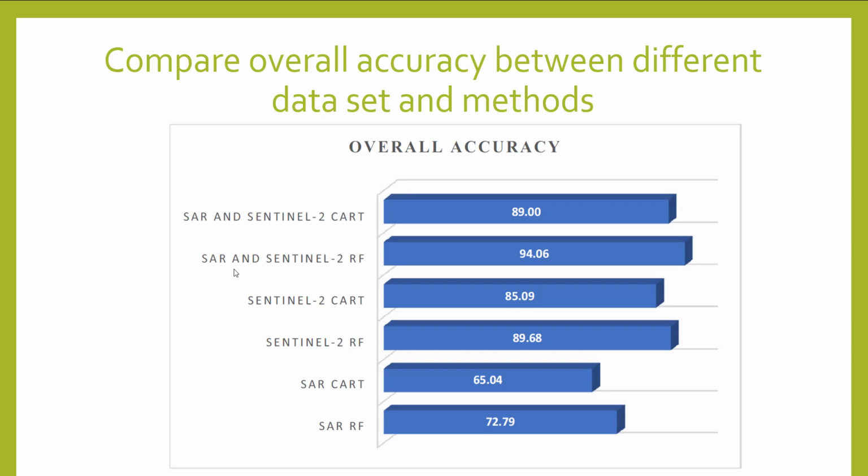Then combination of SAR and Sentinel-2 from random forest classification 94%, and combination of SAR and Sentinel-2 from CART classifier 89% accuracy.